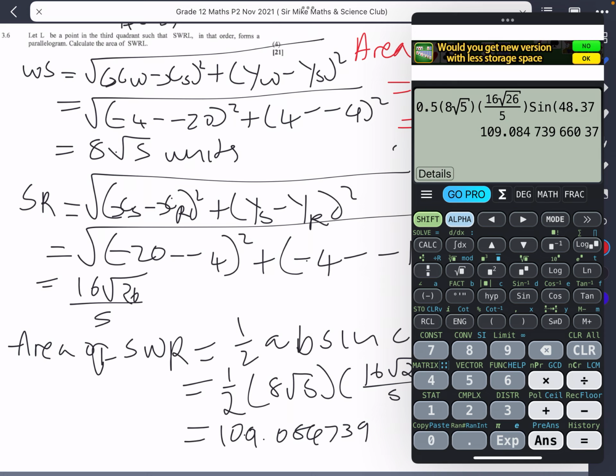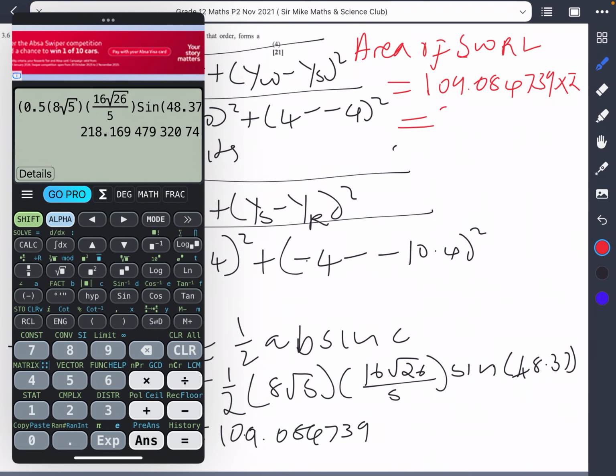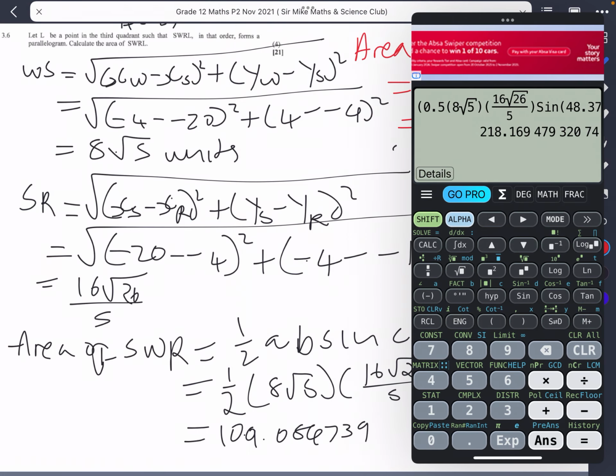I'm just going to multiply whatever value we got there by 2. Let me close the bracket on this side. So we actually have 218.17 units squared. That would be the area of that quadrilateral that we have there.